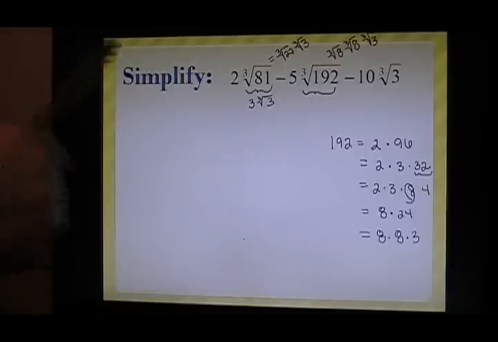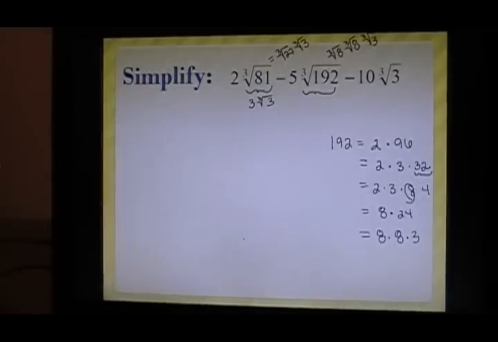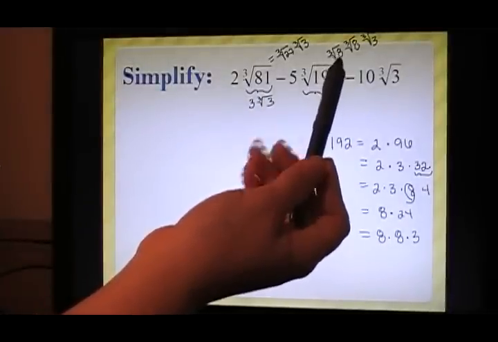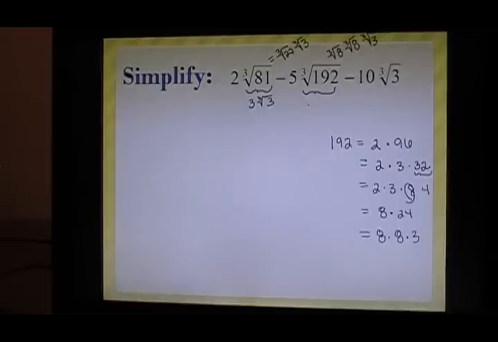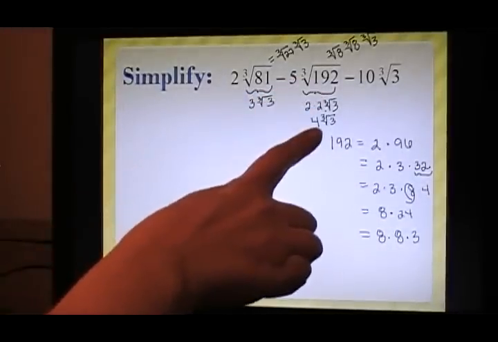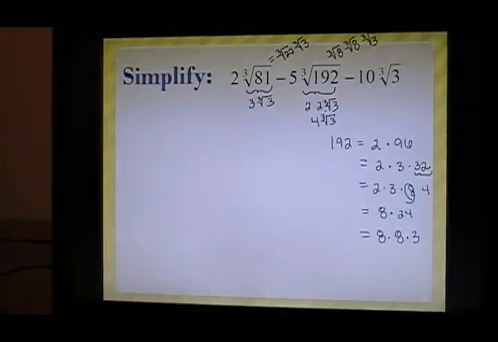And that's what we're going for. When we say simplified, we want completely simplified. So the cube root of 8 is 2, times the cube root of 8, that's another 2. So this is 2 times 2 times the cube root of 3, or 4 times the cube root of 3. Okay, so the cube root of 192, completely simplified, is 4 cube root 3.